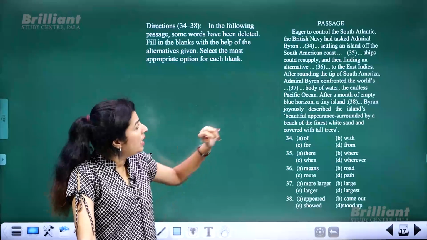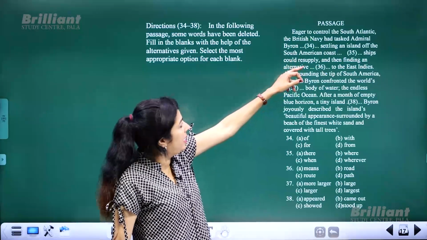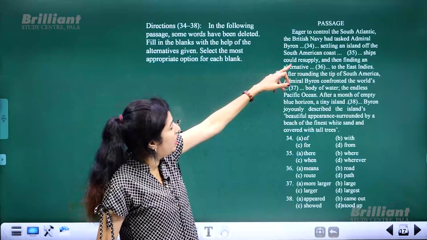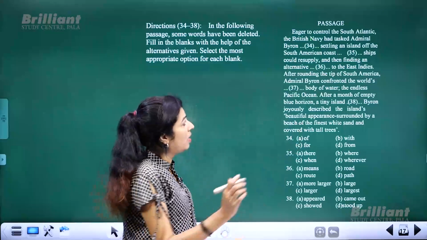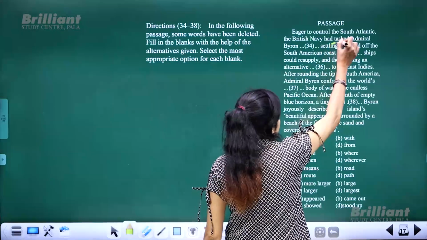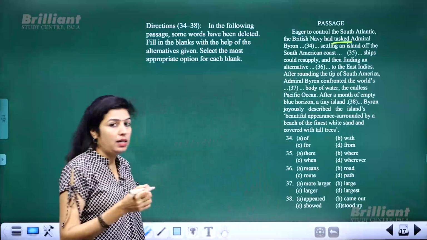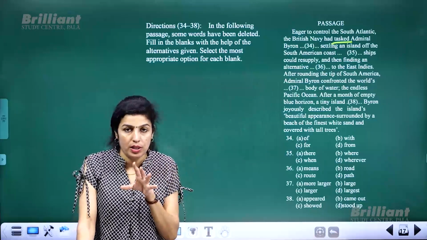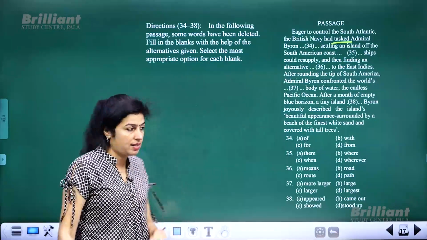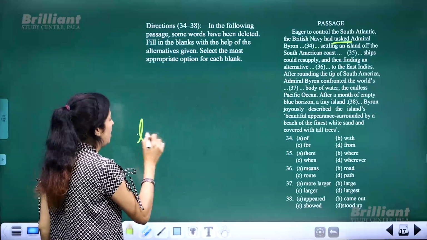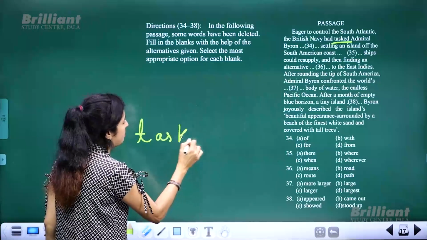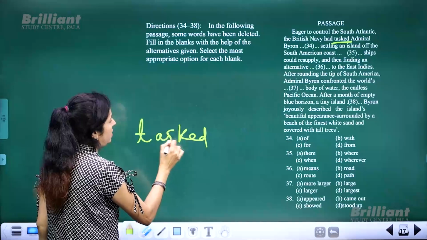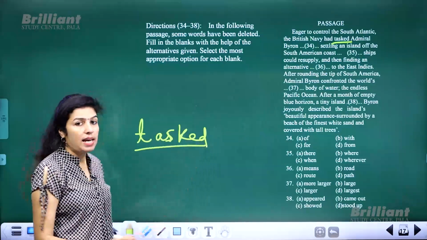Eager to control the South Atlantic, the British Navy had tasked. See, this word tasked, when you read it quickly, do not confuse it with asked. It is tasked, a huge difference. Tasked means assigning a task.